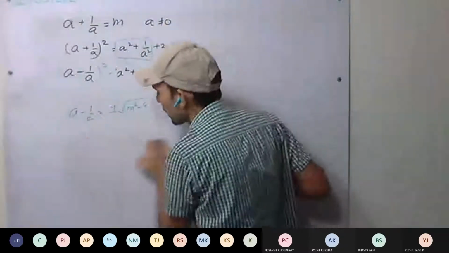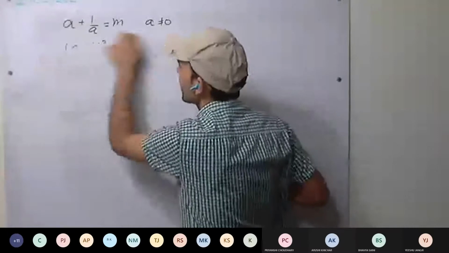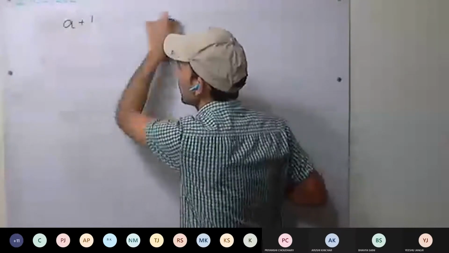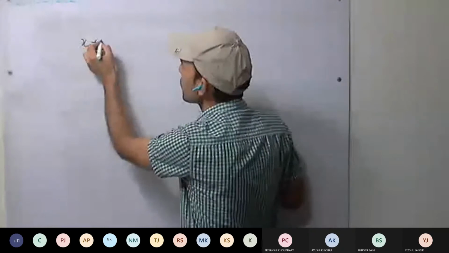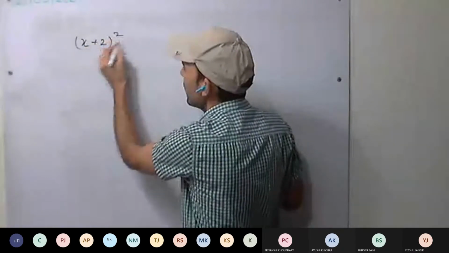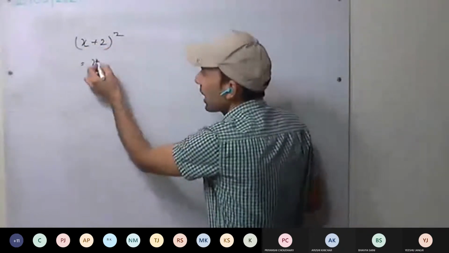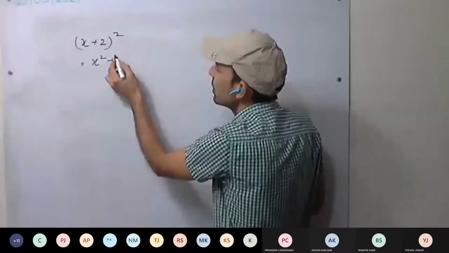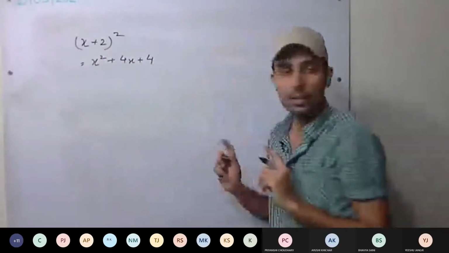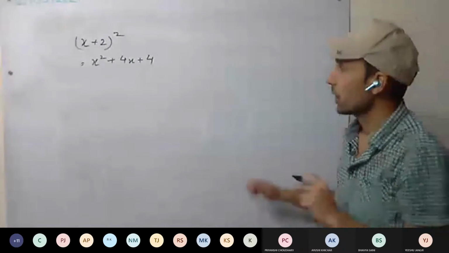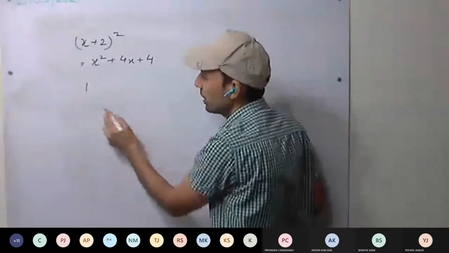Okay, I'll give you a similar kind of question you have done in 8th as well. This is the question: x plus 2 the whole square. What will be its answer? x square plus 4x plus 4. What is the coefficient of x square? 1.